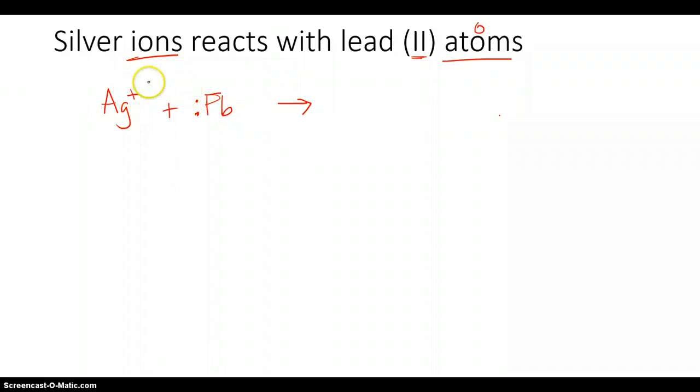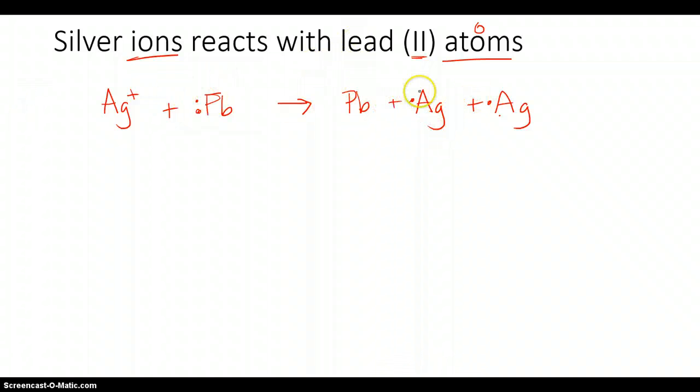So one of those electrons can go to this silver, so now I have Pb plus that electron that went to silver, but there's still that other electron left. So I need to make sure I have another silver so it can take on the other electron. Because lead gives 2 electrons away and silver can only take 1 at a time, that means I need to have 2 silvers so that each of those electrons goes someplace.